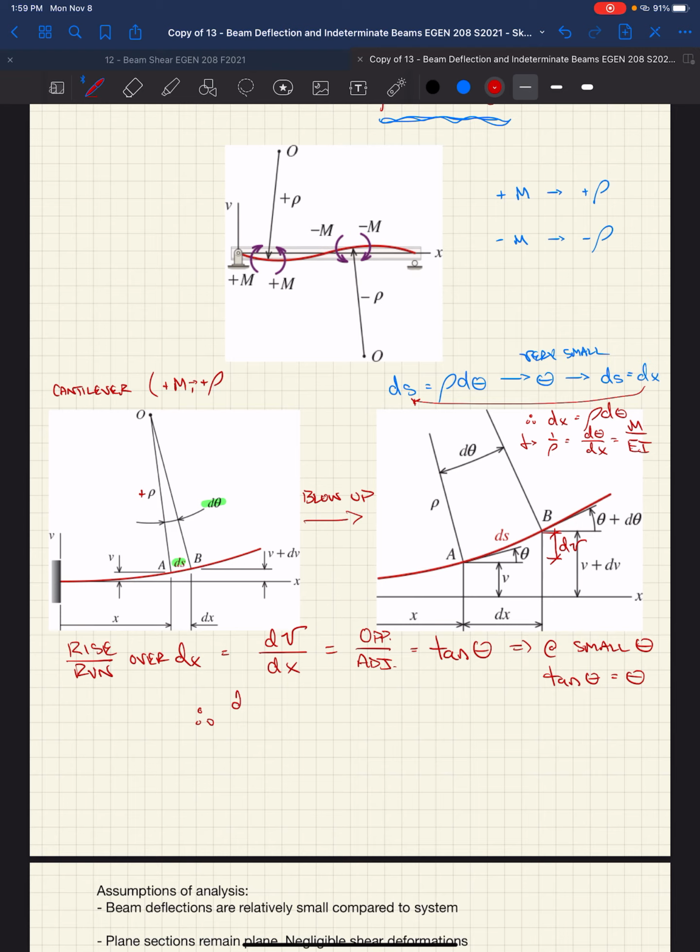Therefore, dV over dx is no longer tan theta, but it's just theta. We're looking at a very small portion of this beam. If we take the derivative of this, we get d theta over dx equals the derivative d/dx of the deflection dV over dx.